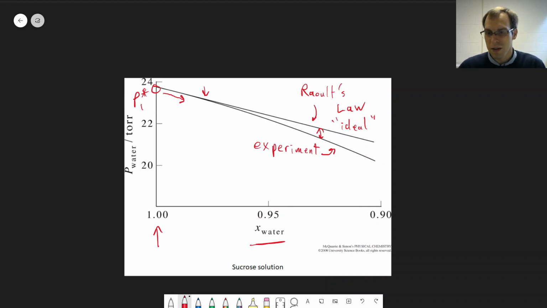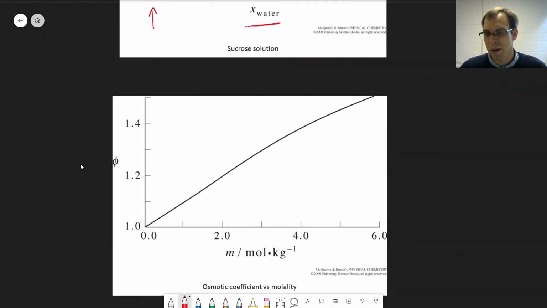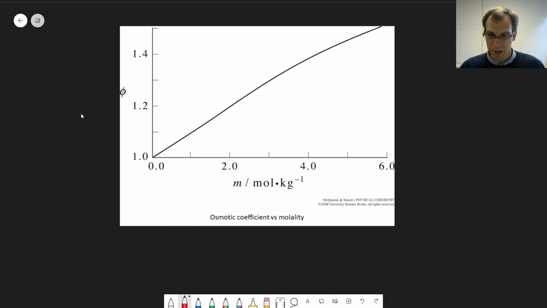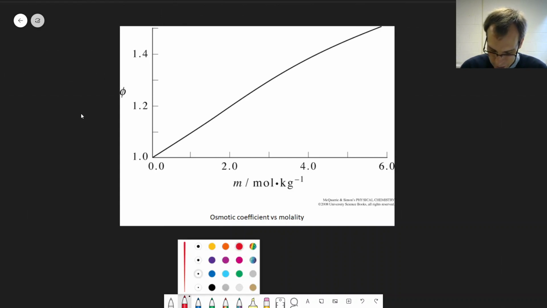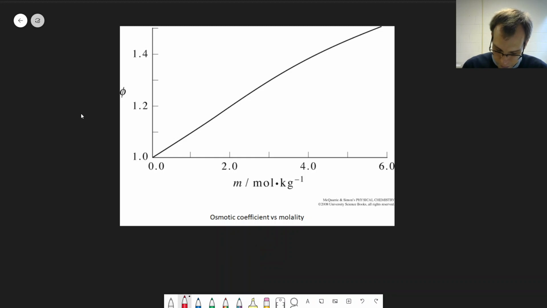So we can use data like this to find the osmotic coefficient as a function of molality. If we were behaving ideally, this would just be a flat line right at 1. But this osmotic coefficient tells us how this is not behaving ideally, and as the molality increases, we see an increase in the value of phi.